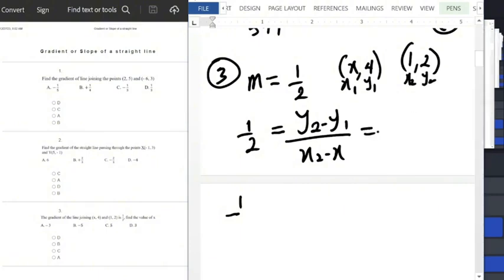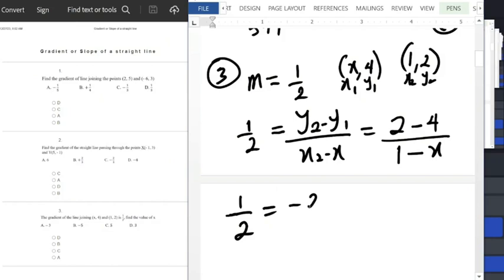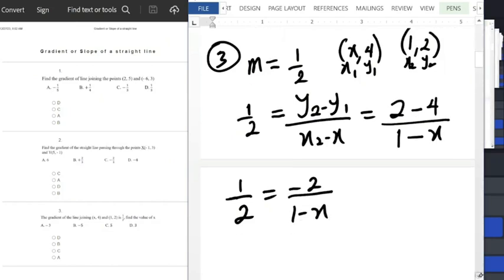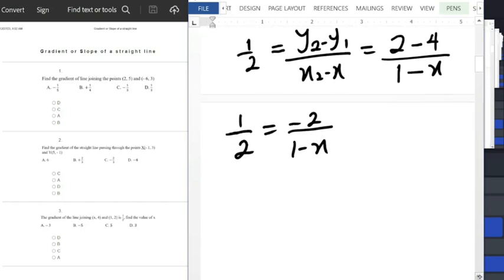So we can put the values here now: y2, which is 2, minus y1, which is 4. I hope I'm with you. Then x2, which is 1, minus x1, which is x. So that means 1 over 2 equals 2 minus 4, which is -2, all over 1 minus x. So we can then simplify and find the value of x.